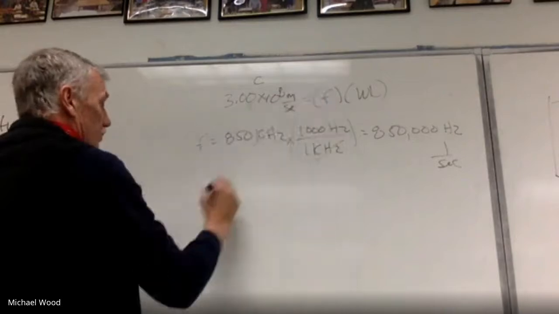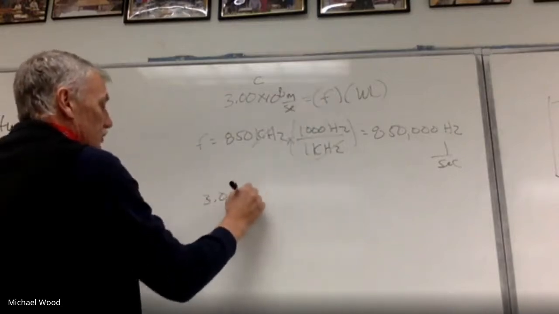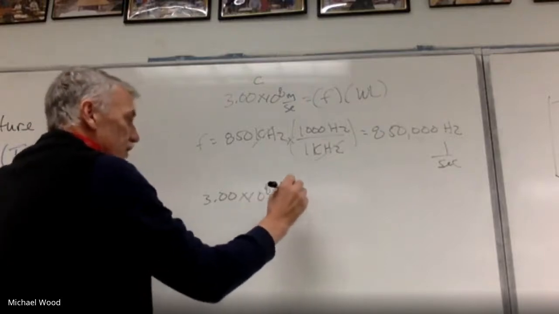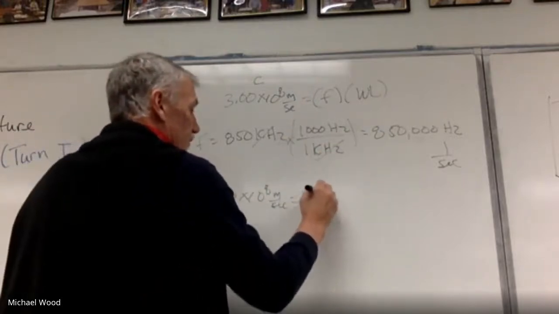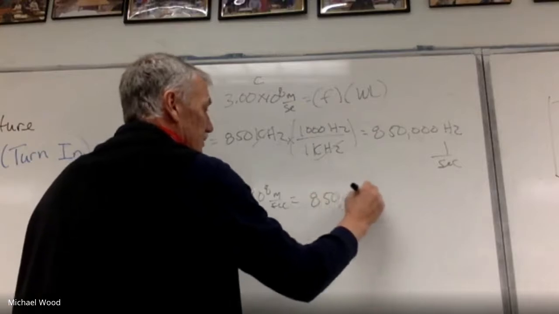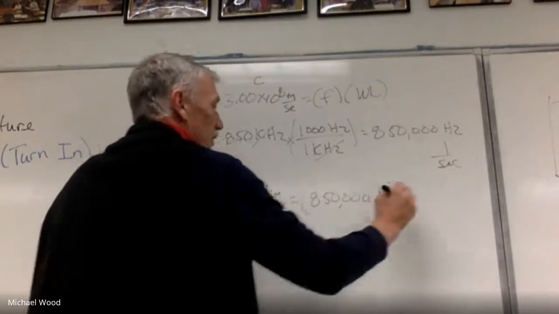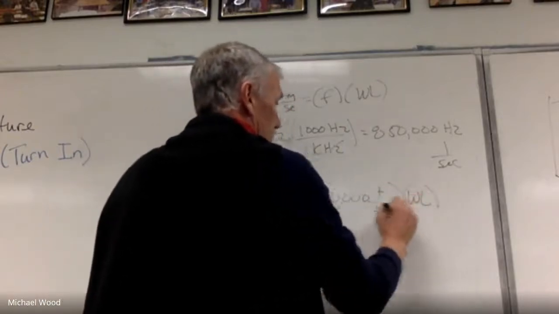Okay, so now I'm going to come back here. I've got 3.00 times 10 to the 8th meters per second, and it's equal to the frequency, which is 850,000 1 over seconds, times wavelength, which is what I'm trying to solve for here.